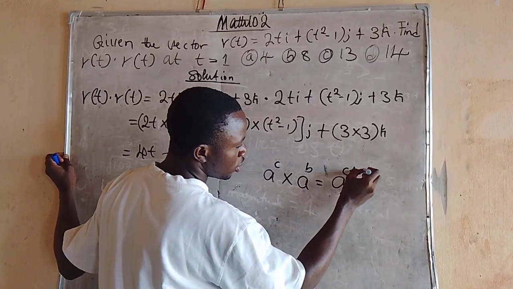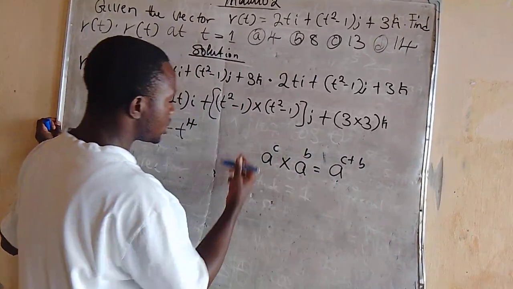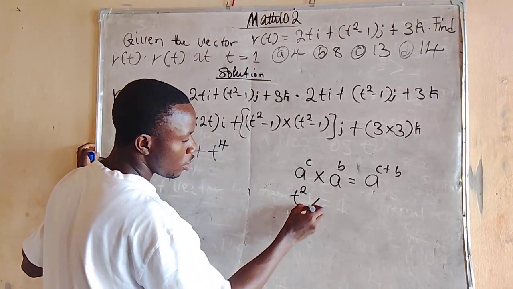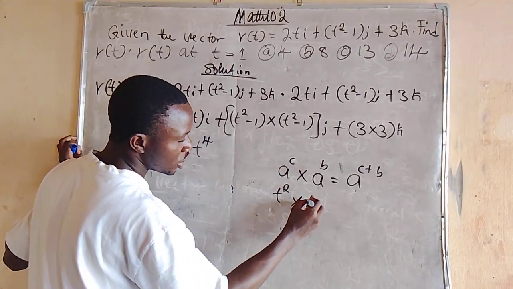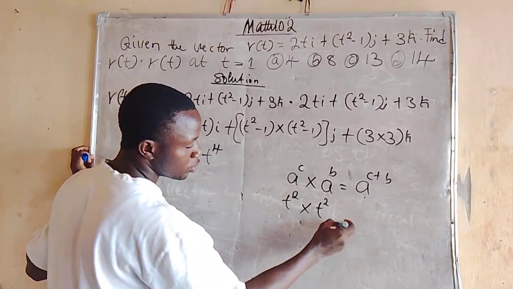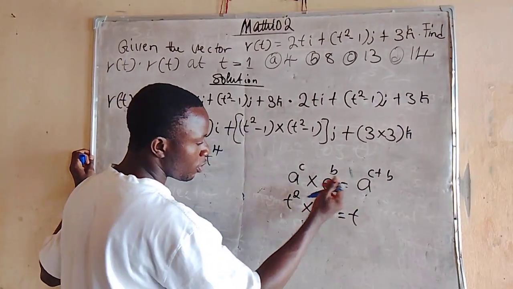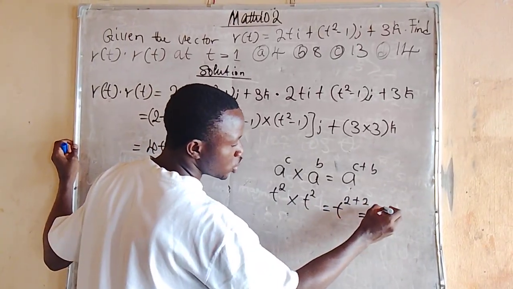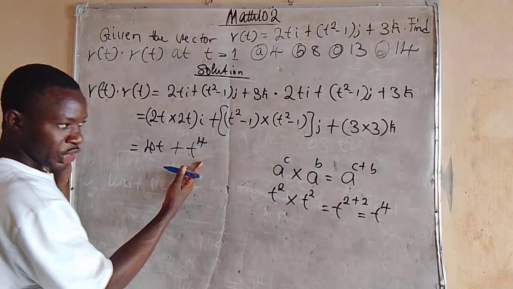This is c plus b. Same thing happening here: t raised to the power of 2 multiplied by another t raised to the power of 2. The bases are the same, so I pick one t, raised to the power of 2 plus 2, which is t raised to the power of 4. That is how we got this.